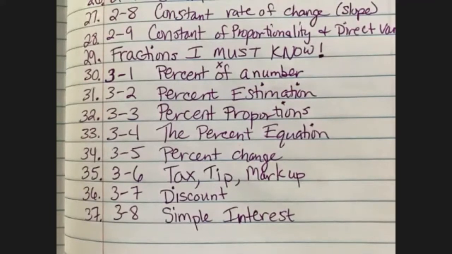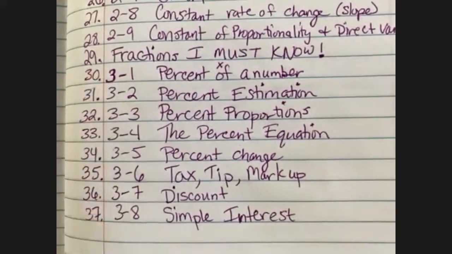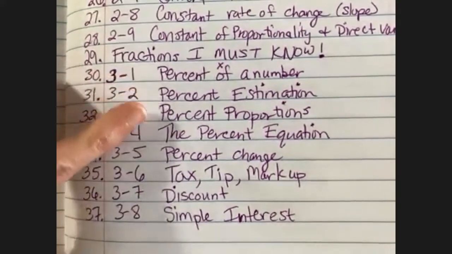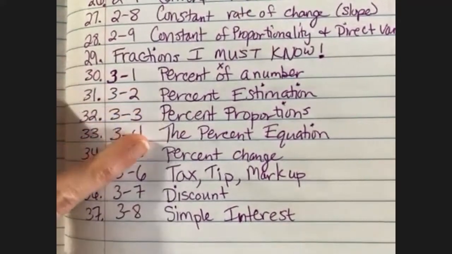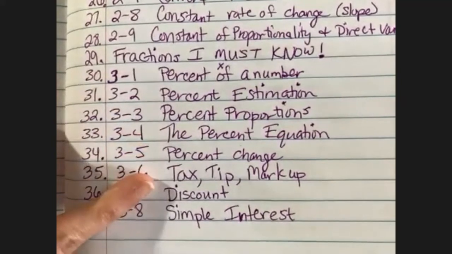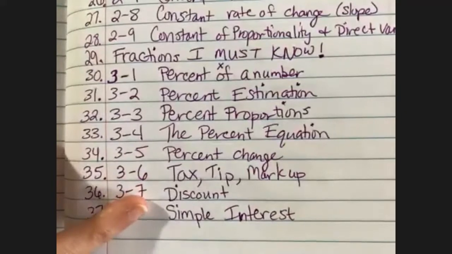Here it is. And today we are going to be talking about the last lesson in chapter 3, excuse me, lesson 8, which is simple interest. And so we're going to be finishing up. If you notice, this is quite a lengthy chapter that we were working with here. We did percentages of numbers, percent estimation, percent proportions, percent equations, percent changes, then found percentages of something for tax, tip, markup, and found percentages to take off on discounts.